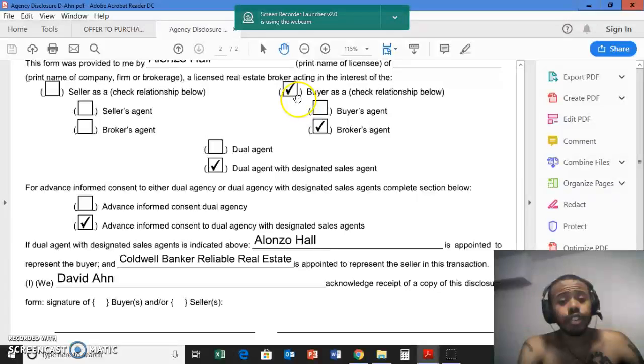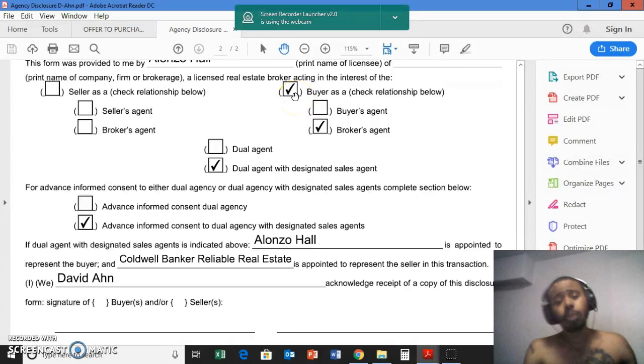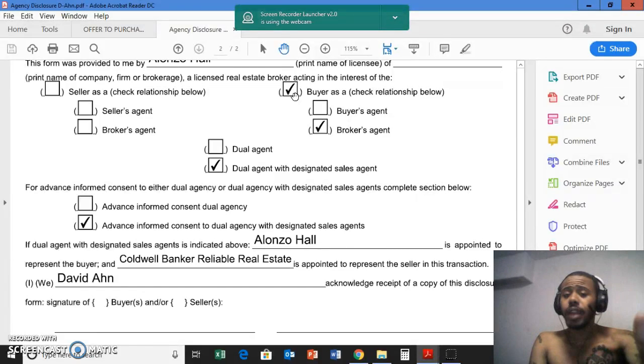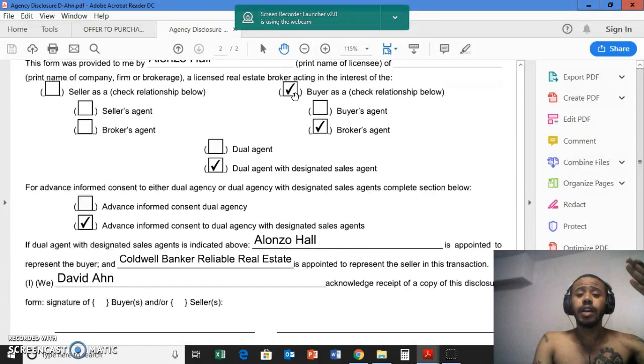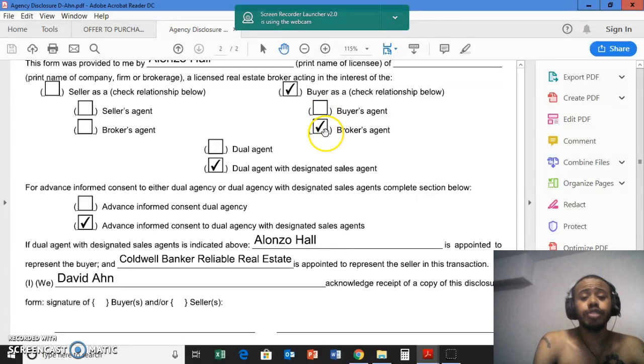Currently we're dealing with buyers often, so we're going to most often be checking off buyers, that we're representing the buyers in this situation. Now, we may represent them as a buyer's agent. Generally, we would represent as brokers' agents because Dwayne was mentioning that in certain MLSs, agents are sticklers.